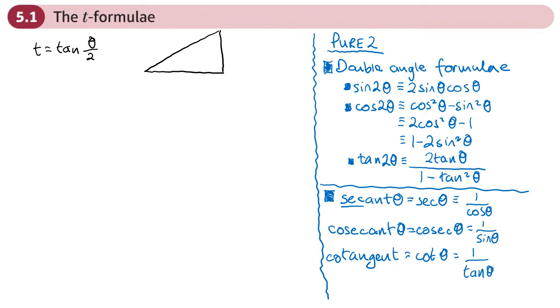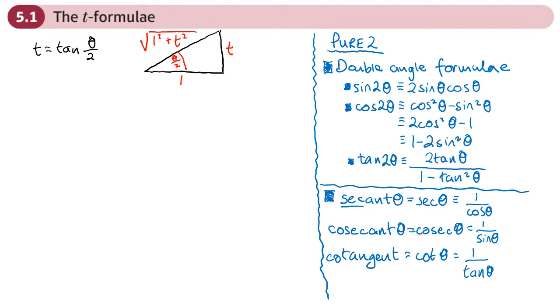If I call this angle here theta over 2, and tan is opposite over adjacent, so this side would have to be t, this side would have to be 1, so t over 1 is t, and the hypotenuse is going to be the square root of t squared plus 1 squared. I'll do it as 1 squared plus t squared. Okay, so I'm going to start with that.